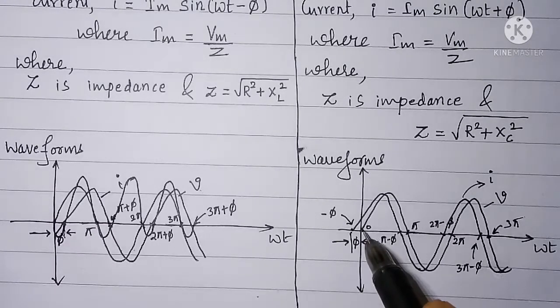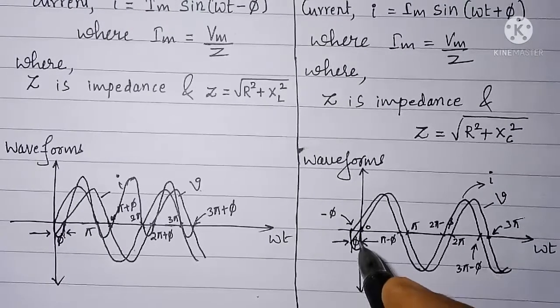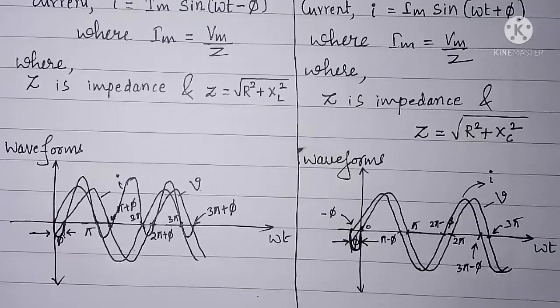From minus phi to 0, current is positive, and if we extend the voltage, voltage is negative. And when we multiply, the product becomes negative. That is, instantaneous power is negative here.